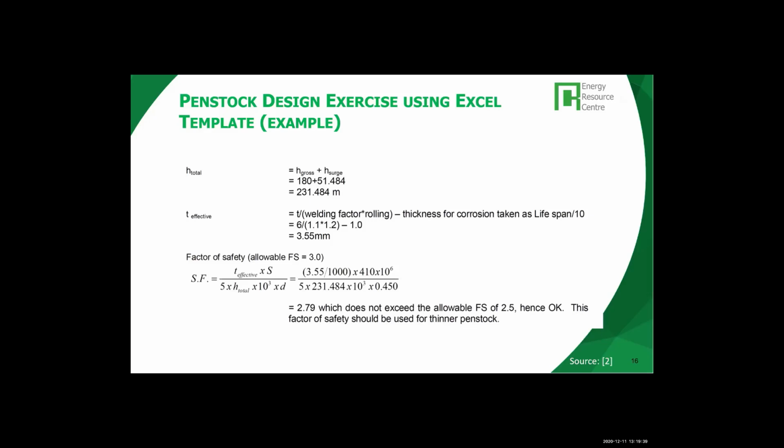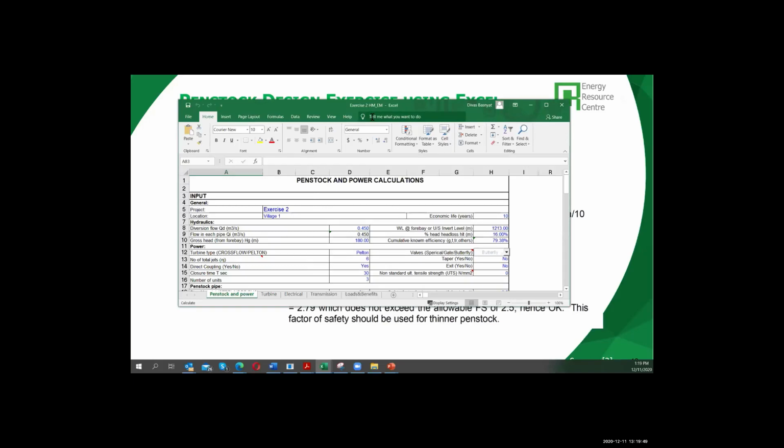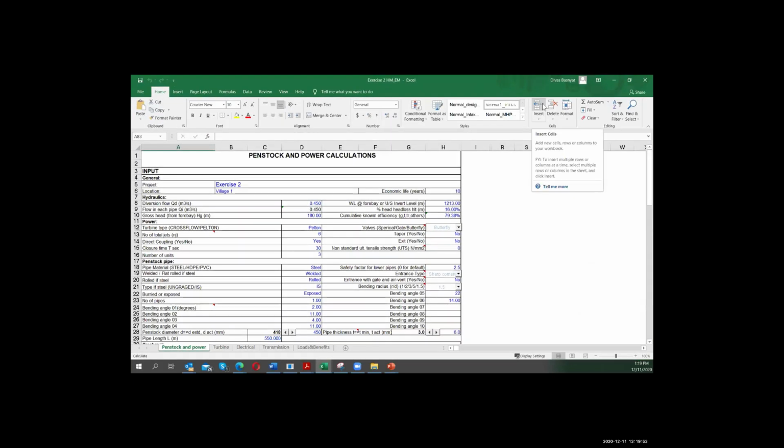Just give me a minute, please. I'm trying to open the... Yeah, okay. Can you see the Excel file now? Yes, I think you can see.